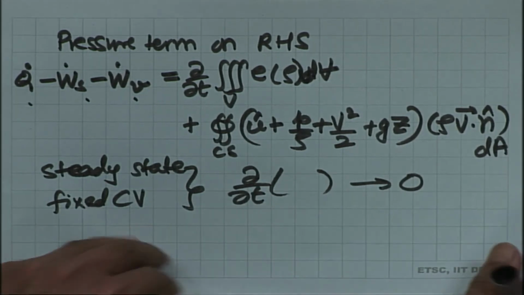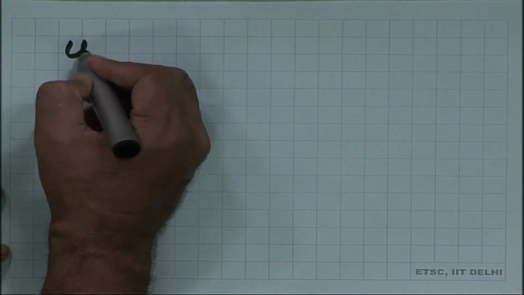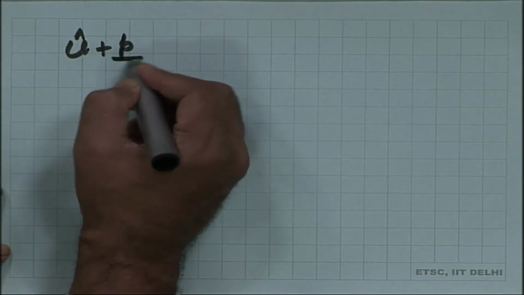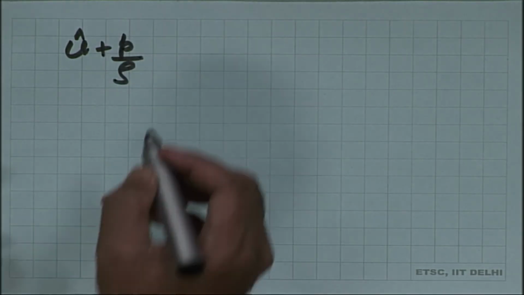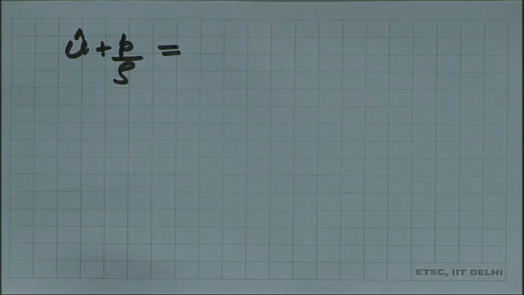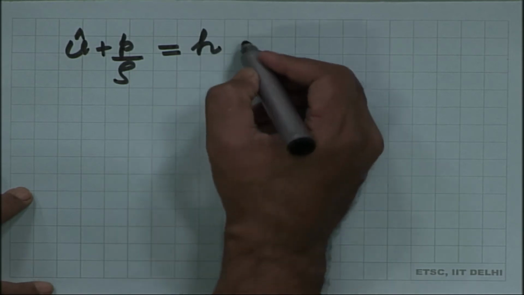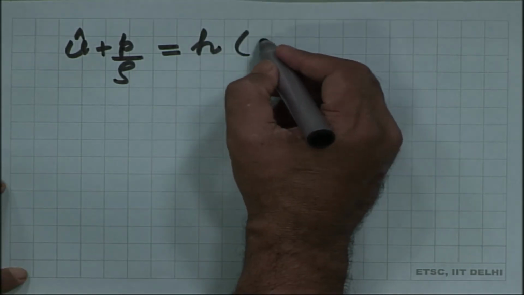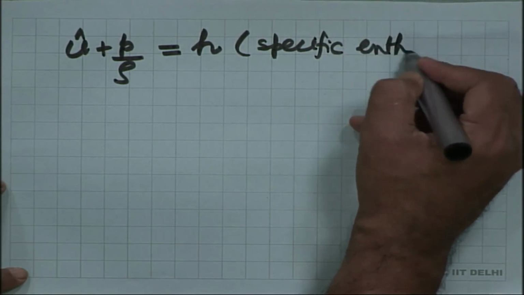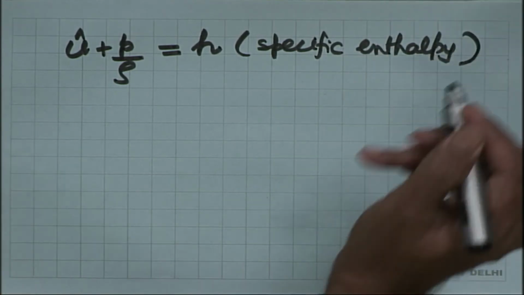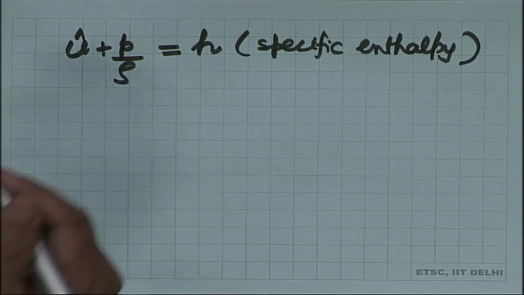Now, when we look at the energy equation, if you have seen in your thermodynamics course, the specific internal energy plus P by rho is specified as H, which is called the specific enthalpy. So, now let us also add some more things.